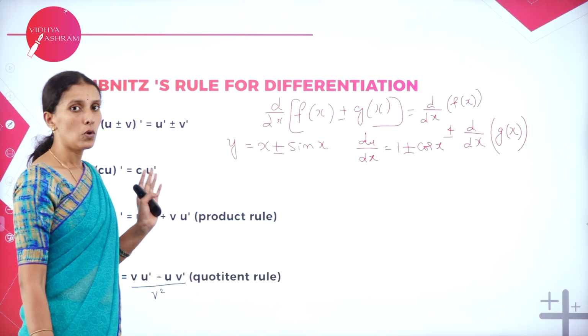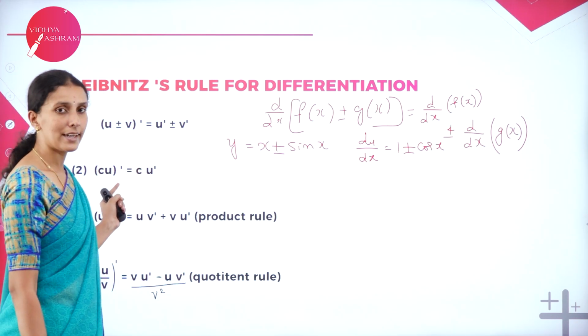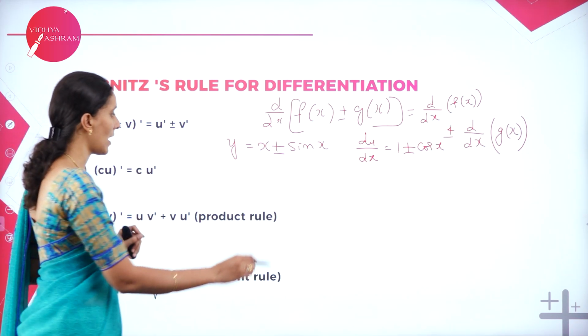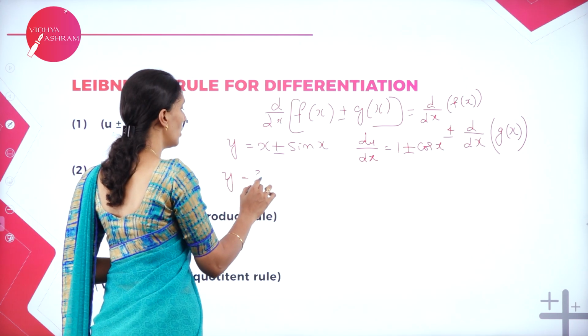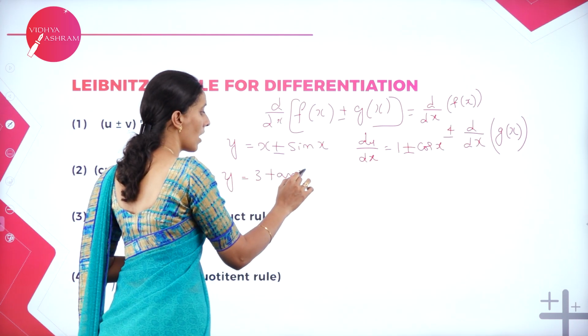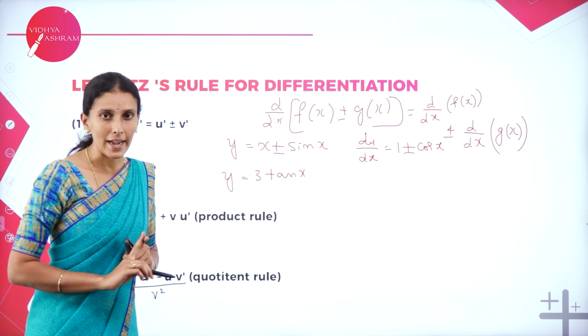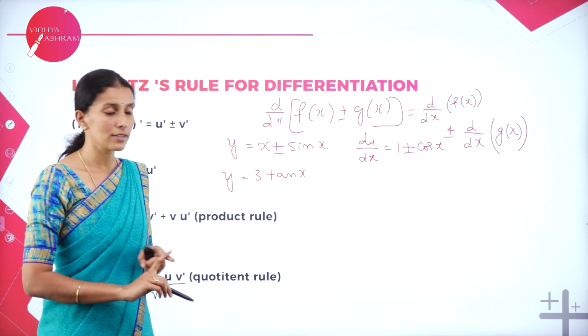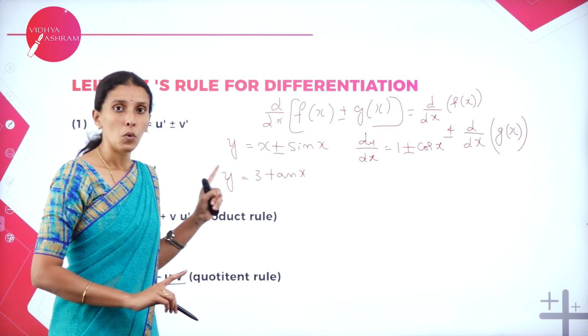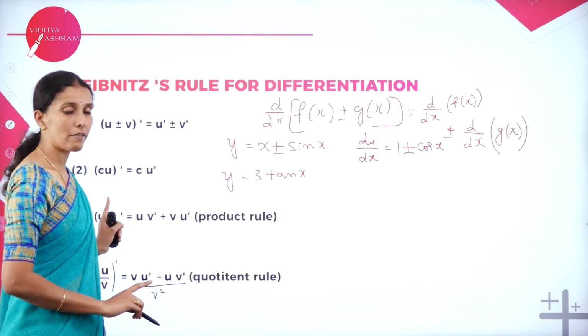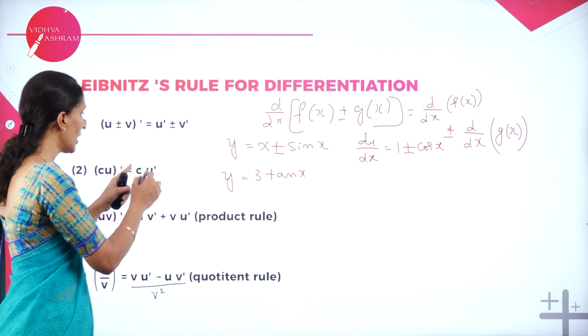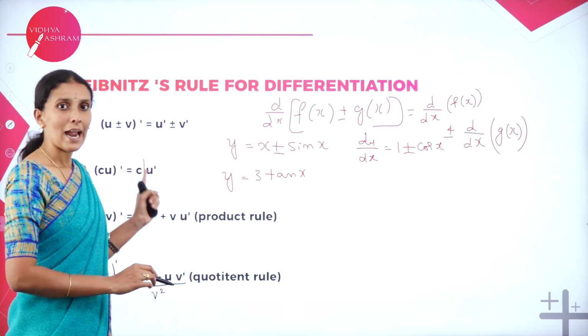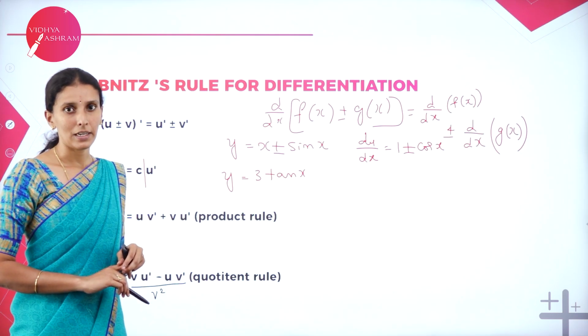The next rule says what to do when you have a constant along with the function. For example, I'll take y is equal to 3 tan x. I know the derivative of tan x, that is secant square x. But what is the derivative of 3 tan x? What does the rule say? When you have any function with a constant, keep the constant separately and derive the function separately.